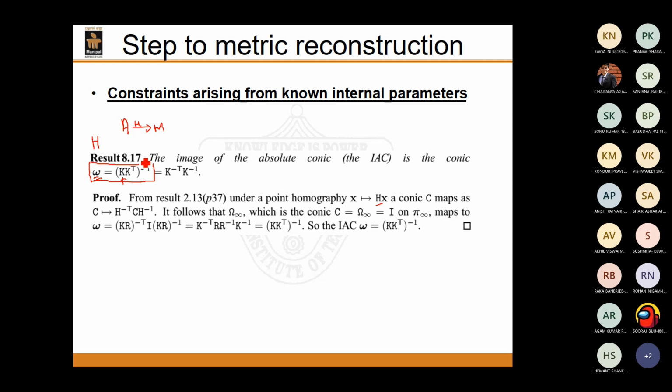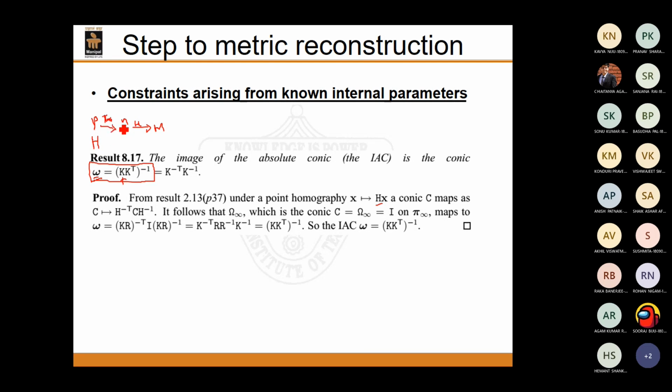I'll just quickly explain that once again. In the stratified approach, you have two steps. One where you convert from the projective space to the affine space, and then the second step is where you convert from the affine space to the metric space. In order to go from the projective space to the affine space, you need to find out pi infinity, the plane at infinity.